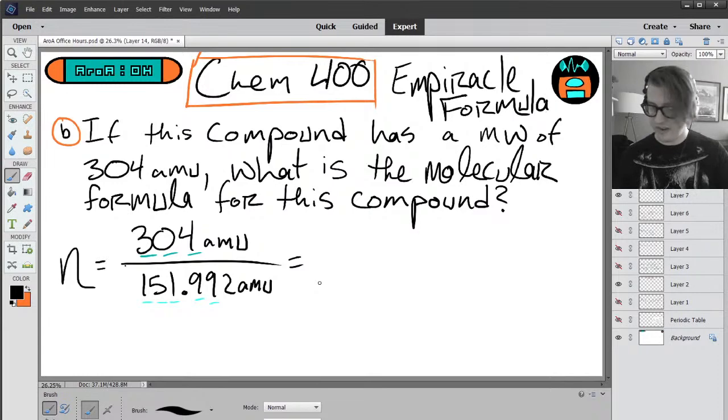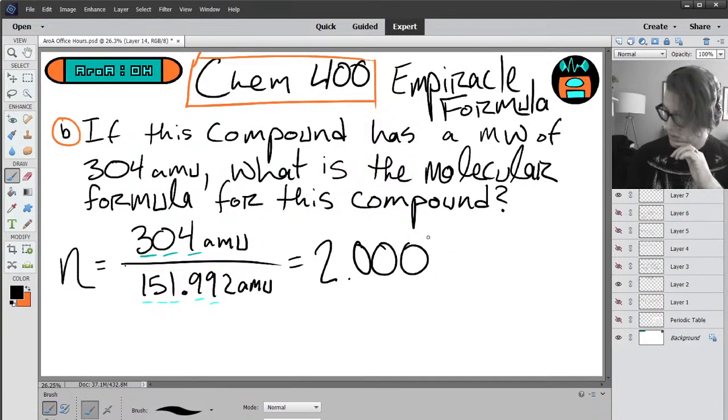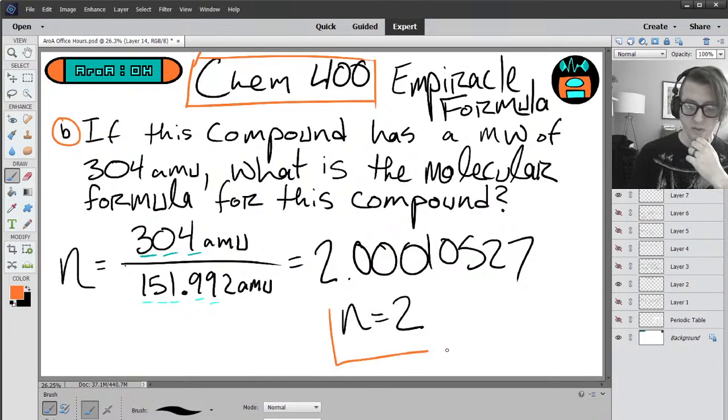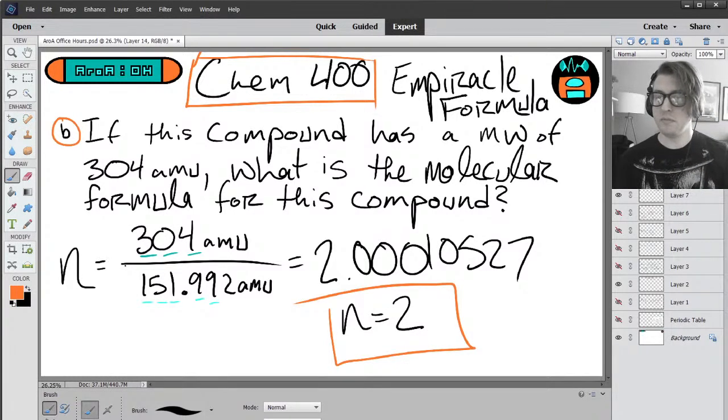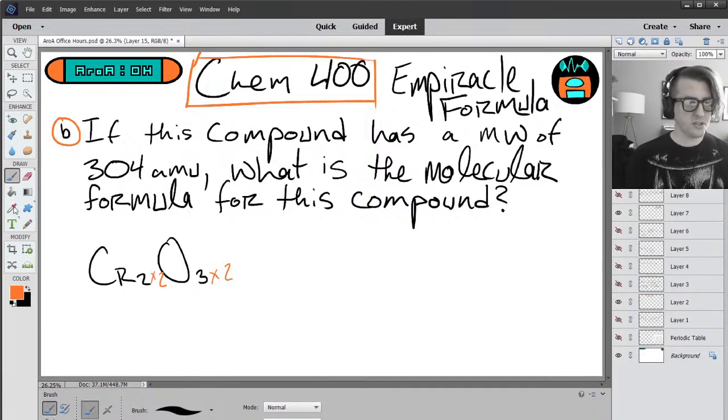304 divided by 151.992 gives us a scalar factor of 2.0001057. So this is a scalar factor of 2. So to find our molecular formula, we take our empirical formula, Cr2O3, and we multiply our subscripts by that scalar factor n.